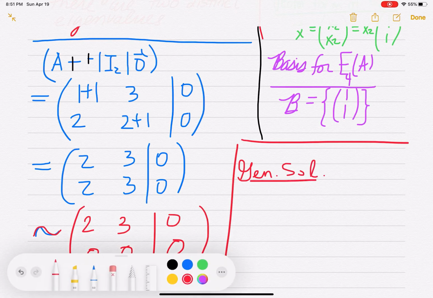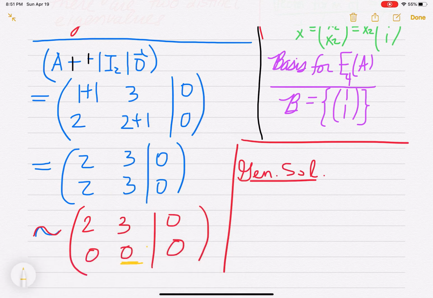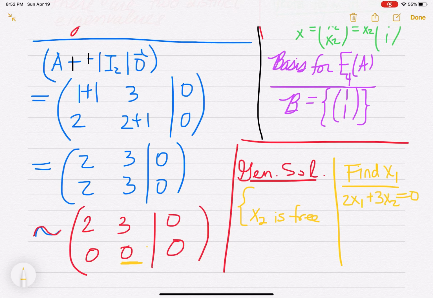The second column is a non-pivot column, so x2 is free. We have to find x1. We have the equation 2x1 plus 3x2 equals 0. That means x1 is going to be negative 3/2 x2.